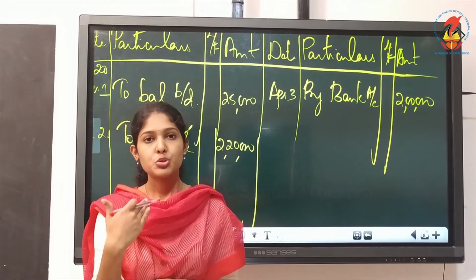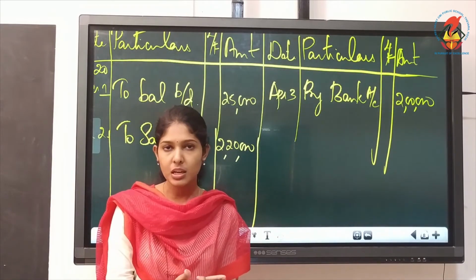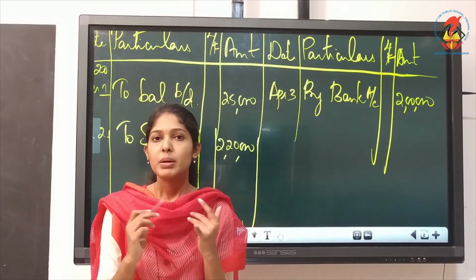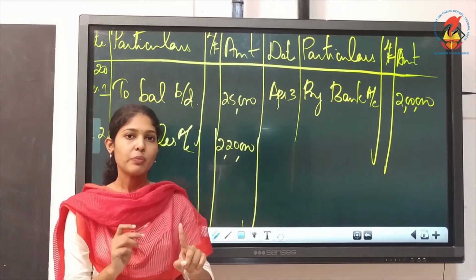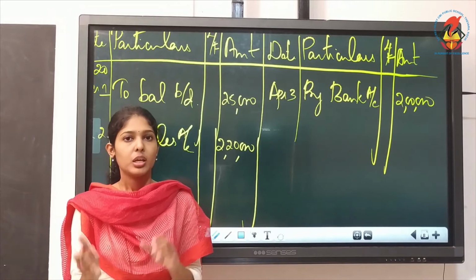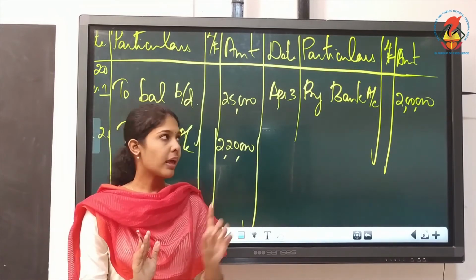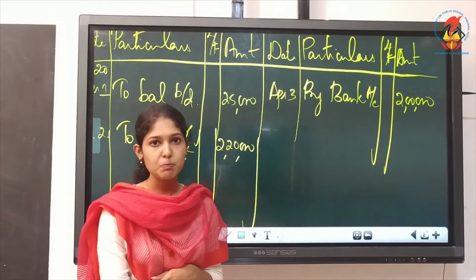It is the check. So to bank account is the journal entry. Then other than that, there would be discount allowed, discount received and all. But can we record this transaction in cash book? No, there is no cash account in the journal entry. It is the bank account written. That transaction cannot be recorded in cash book. So ignore that.